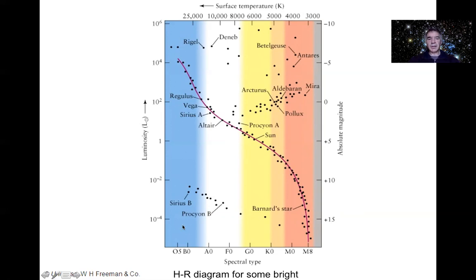That's because historically the spectral sequence is plotted this way around, starting with hot stars and finishing with the cooler stars. So that's why these diagrams appear this way around. Don't worry about that. Well, worry about it, you need to remember it, but that's the reason.